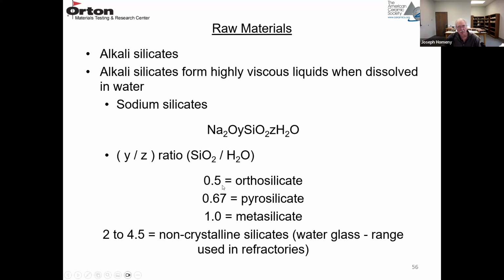So a 0.5 ratio is an orthosilicate, a 0.67 is a pyrosilicate, and then a 1.0 is a metasilicate. 2 to 4.5, those are the non-crystalline silicates known as water glass. So these are the ranges that are used to make a monolithic refractory.